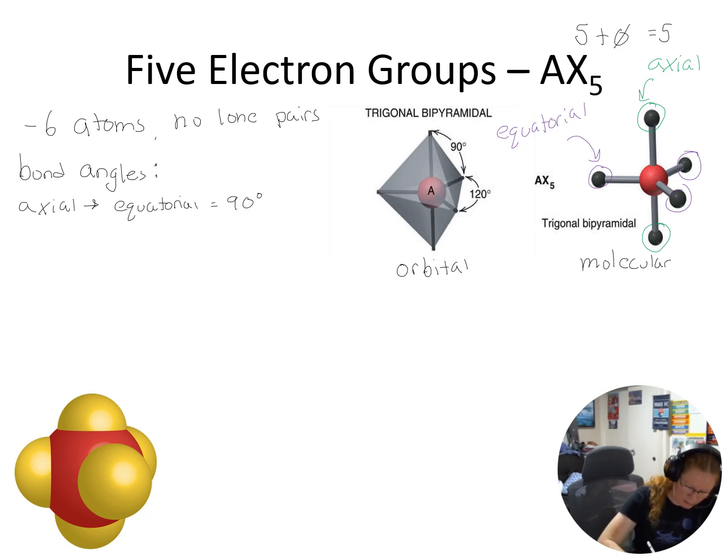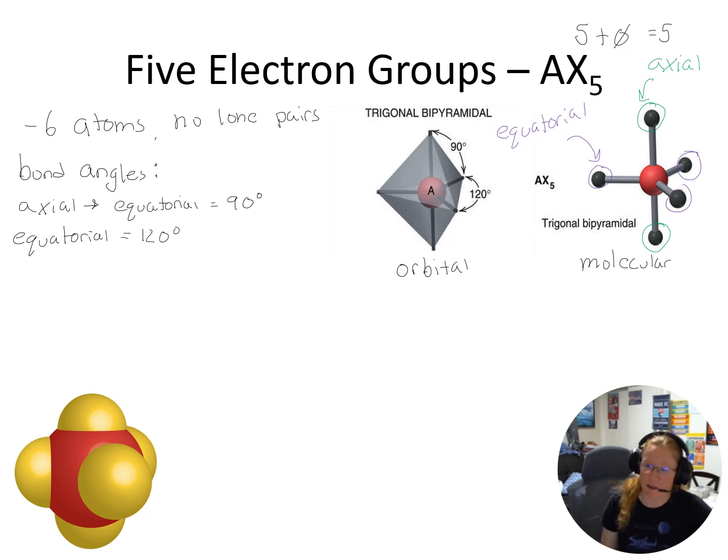And then our equatorial is at 120 degrees, just like our trigonal planar was. So axial to equatorial, 90 degrees. And then around our equatorial region, that's 120 degrees. Okay, all right, so some examples.